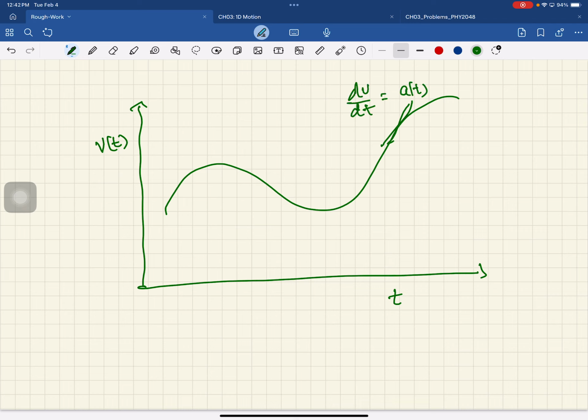So the slope can mean different things depending on what it is that you're plotting. So the derivative gives you the slope of the tangent line in this one-dimensional case, and that's telling you how fast the function is changing.